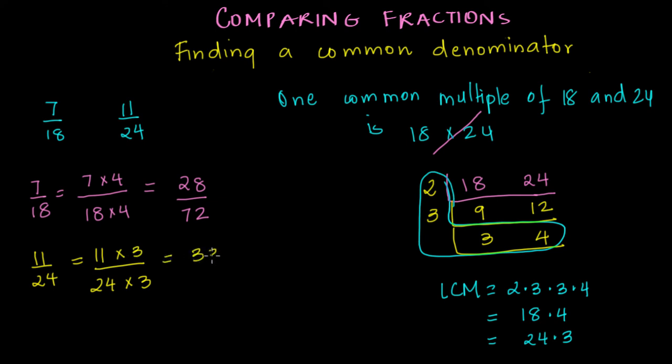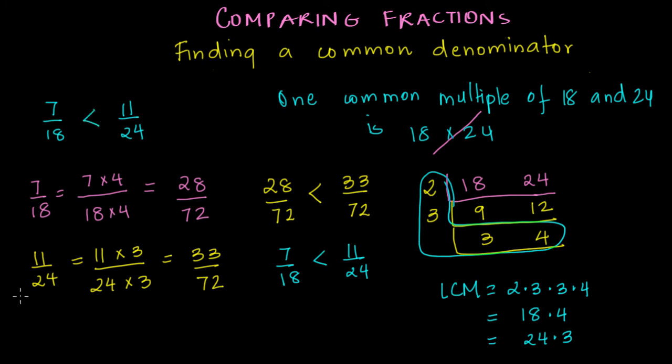And that is 33 over 72. So now if I take 28/72 and 33/72, 28/72 is less than 33/72. And if I go back to my original fractions, 7/18 and 11/24, this would mean that 7/18 is less than 11/24.